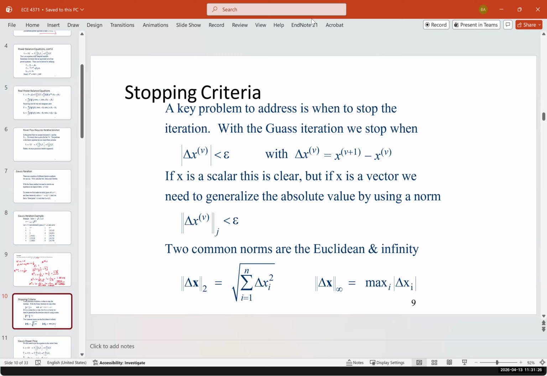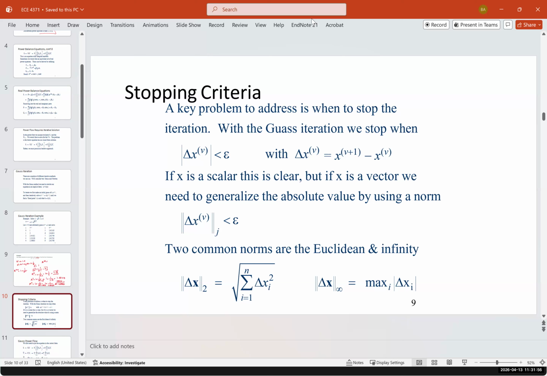If x is a scalar, this is clear, but if x is a vector, we need to generalize the absolute value by using a norm, and this is going to be the norm of delta x superscript v. It must be less than epsilon. The common norms are the Euclidean and infinity.